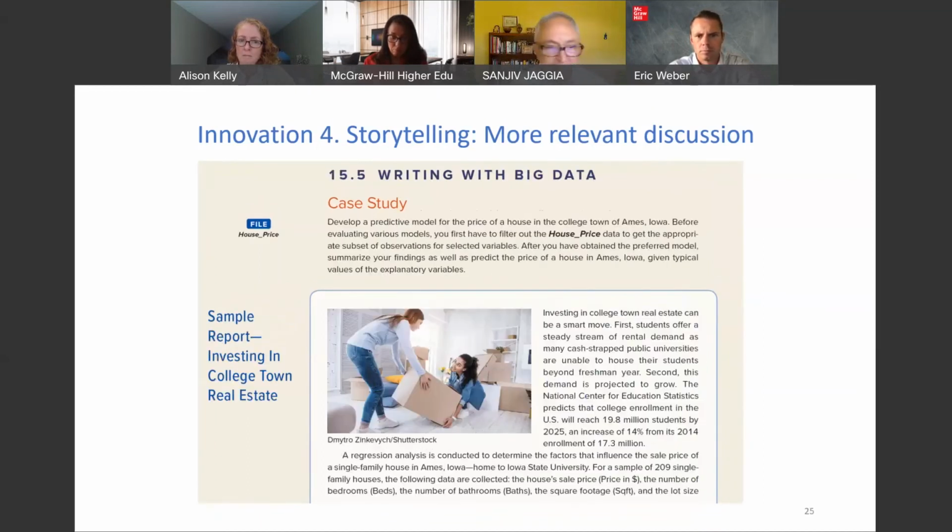This is another example, which is again similar. It's big data. This is about house prices. We took an example of the University of Iowa, which is in Ames. We have data on the square footage, the rental information, how many bedrooms, how many baths, whether it's a relatively newer house or an old house, and then we try to analyze rent. That's something that students can relate to.